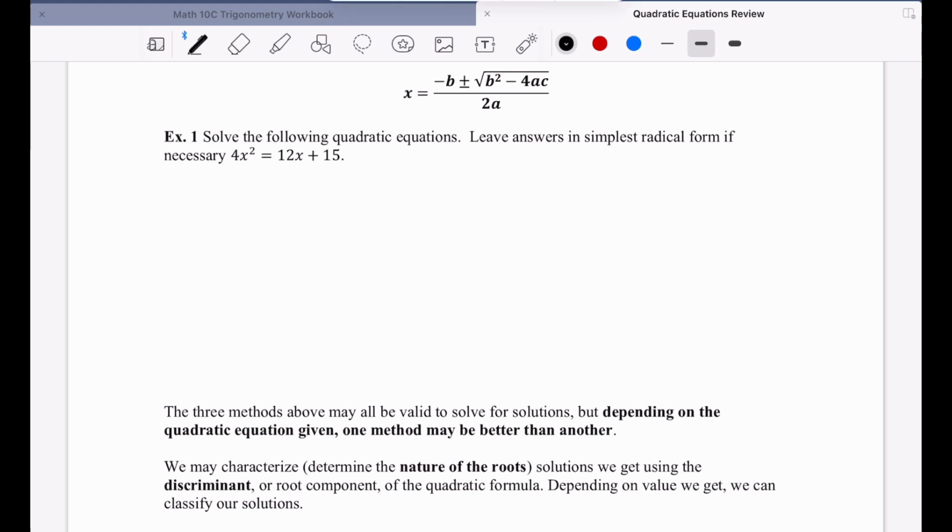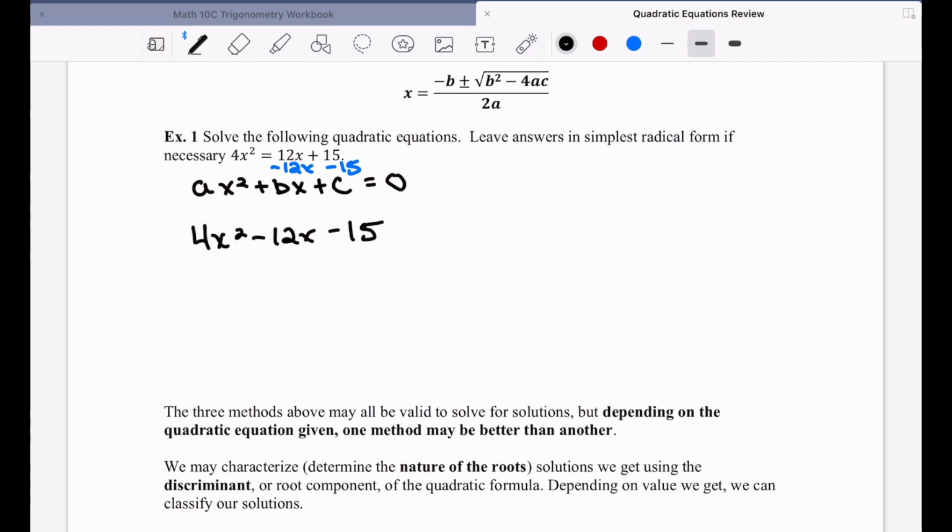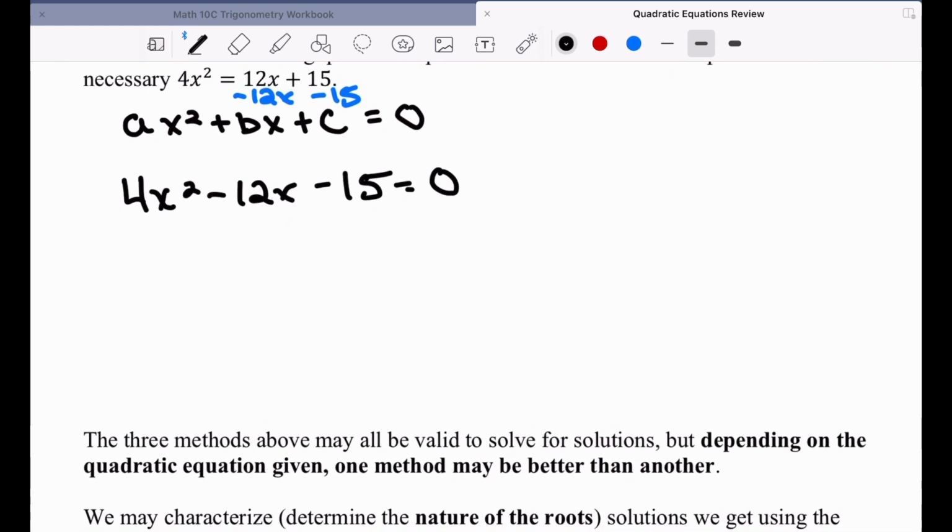So if we want an equation that looks like ax squared plus bx plus c is equal to 0, then I'm going to move the negative 12x and the 15 over to the other side using subtraction. So I get 4x squared minus 12x minus 15, and this is all equal to 0.